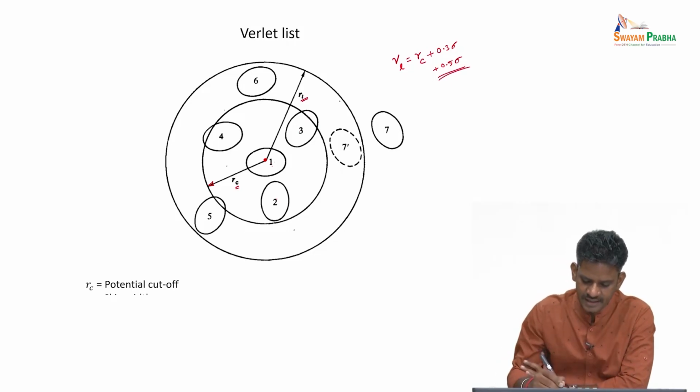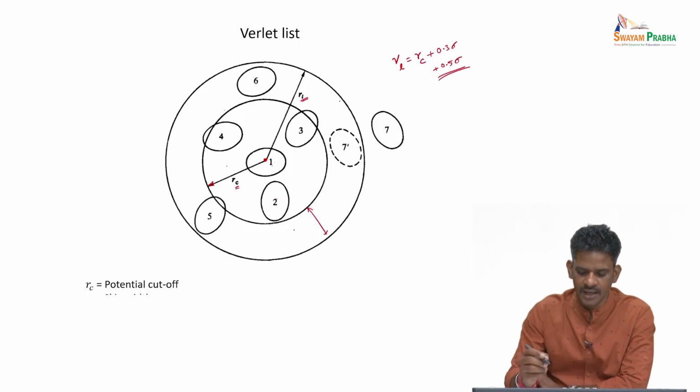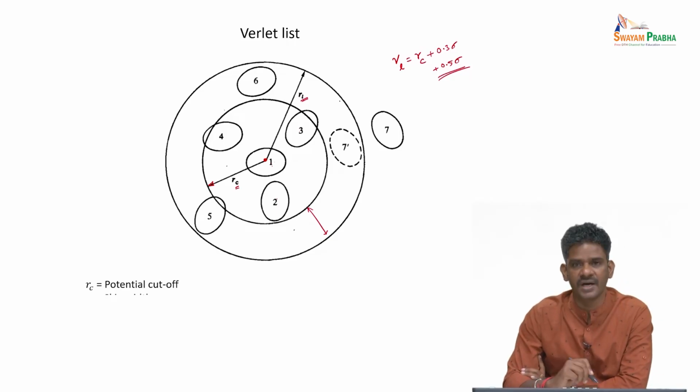So, we are actually adding an additional thickness or a buffer zone, and then we keep track of how many particles are there in this buffer zone. And we are going to keep a list of neighbors for each particle within this radius of RL, even though we need only neighbors within the distance of RC.